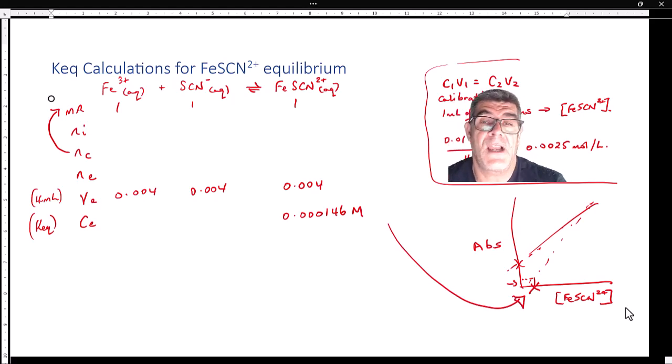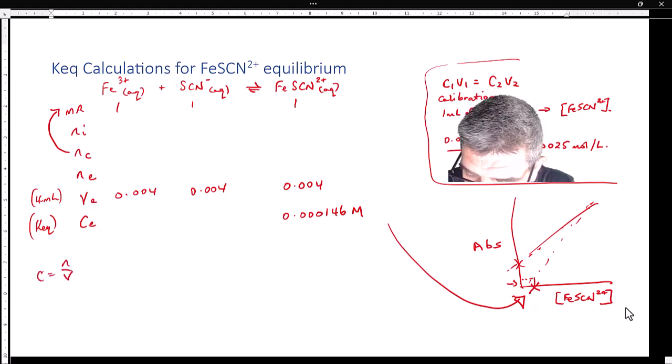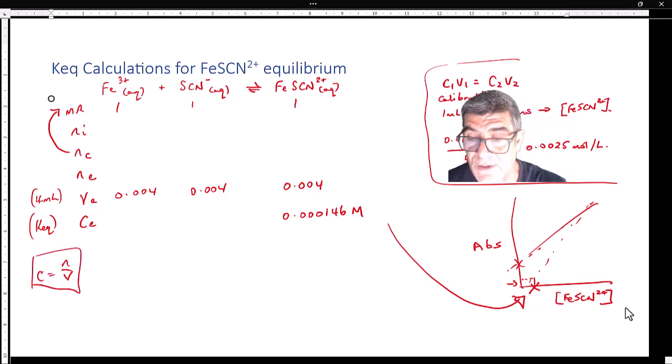That's why we set the calibration curve up in the first place, because we knew that when we had this mixture, there was no way of telling what the concentration of the ions was. So we needed some way of being able to figure that out. So from the absorbance that we measured, we've calculated what the value of the concentration is. So this is going to be really the only one that I'm going to be using for all of these calculations.